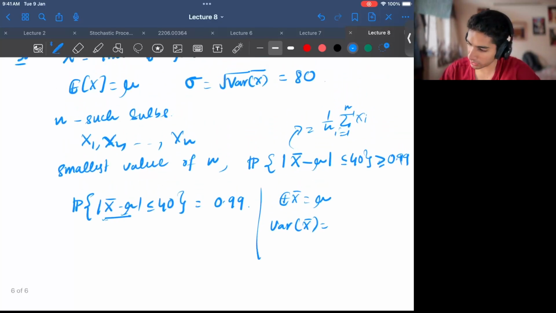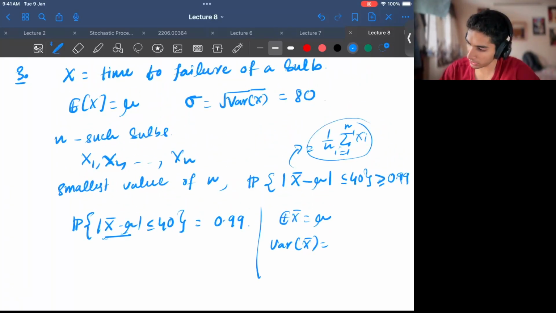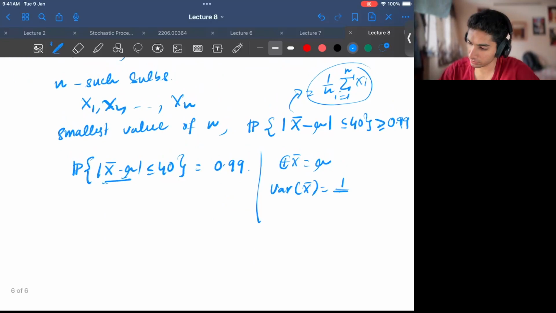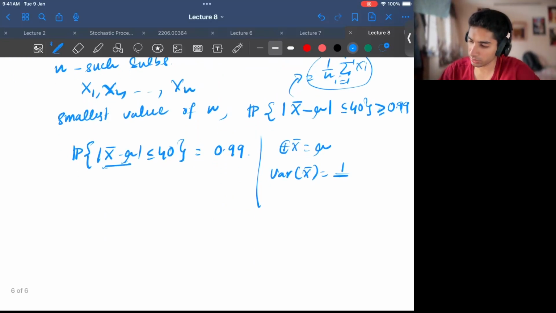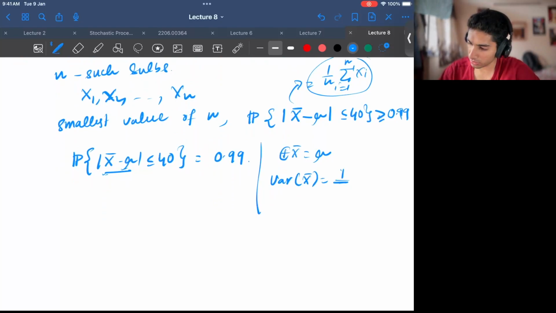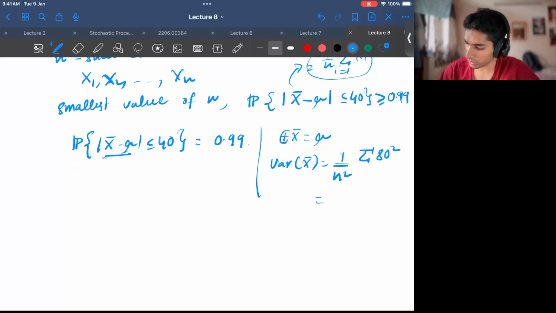It's 1 by n summation xi, so it will be summation of variance of xi, so summation of 80 square over n square. And this will become n times 80 square by n square, so this is 80 square by n.